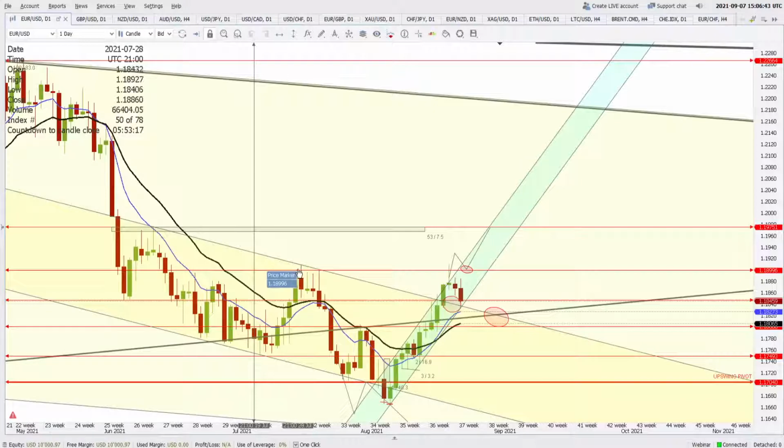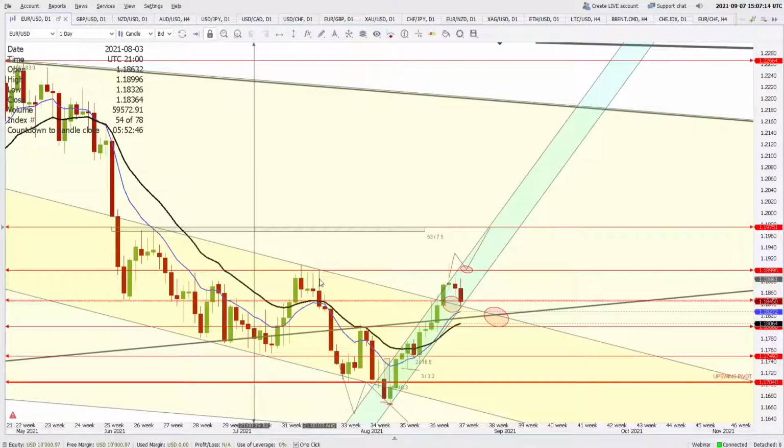It was rejected here for four to five consecutive days. The second day it went higher than 1.19 and then came back. The third and fourth day it remained below 1.19. On the fifth day it made an intraday high of 1.18996, which is very close to 1.19, and then got rejected with a bearish pin bar.